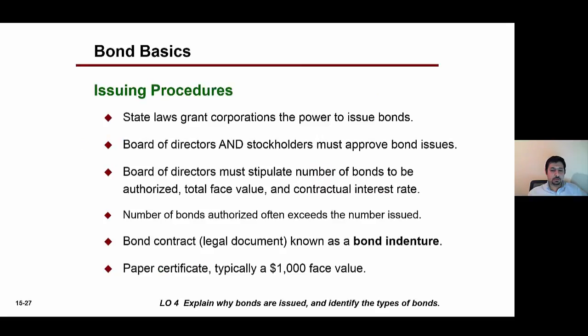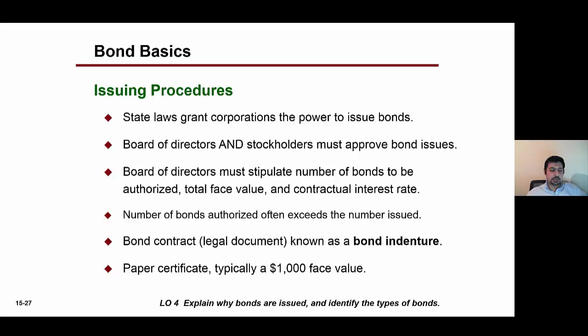Now, how does a company issue bonds? The bond issuing happens following this procedure. First, the state would have to grant the corporation the right to issue bonds, and then the board of directors and the stockholders have to approve issuing bonds.